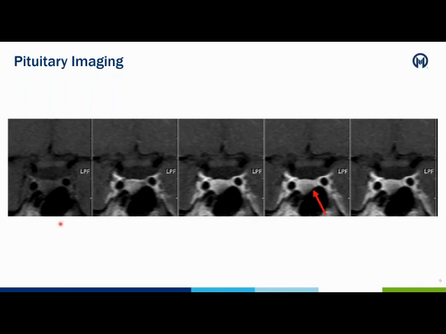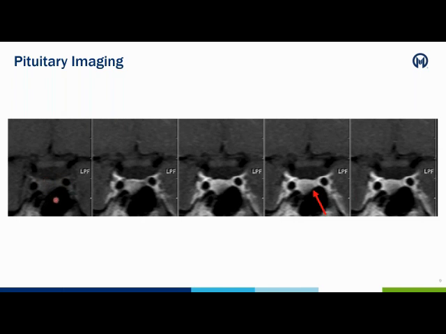And the solution to overcome that problem is the dynamic sequence. So basically thin cuts or slices are performed in the pituitary gland area, and they're acquired dynamically after the contrast injection.